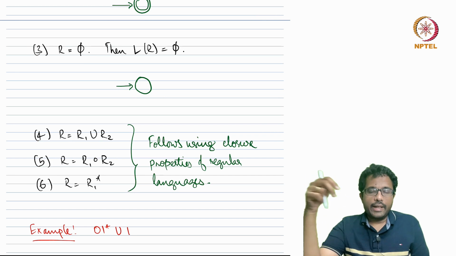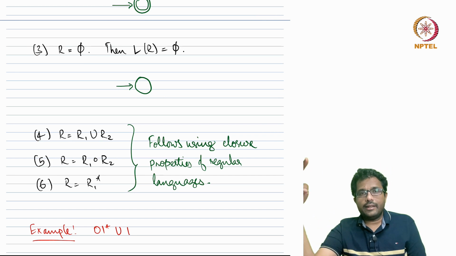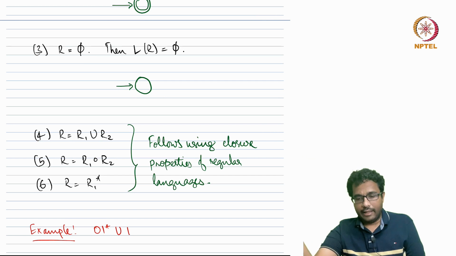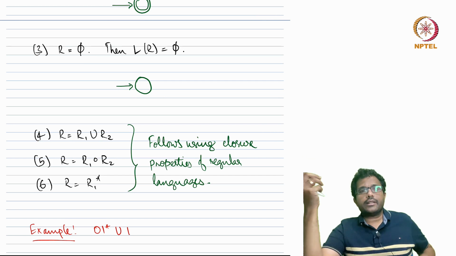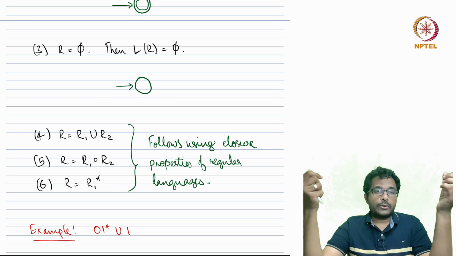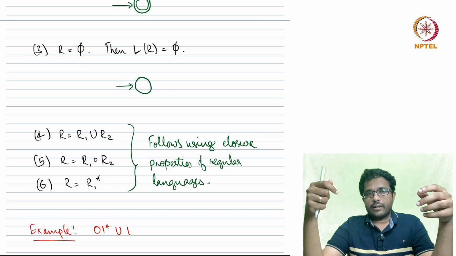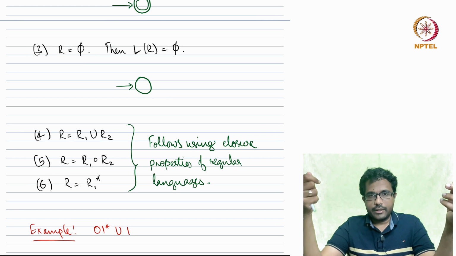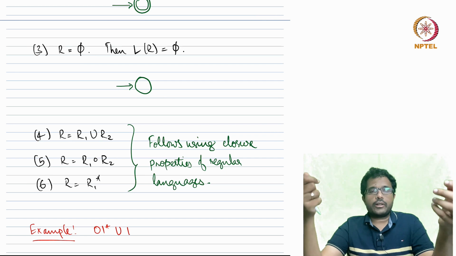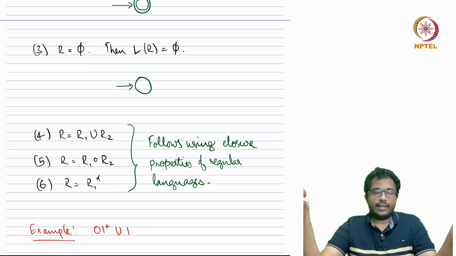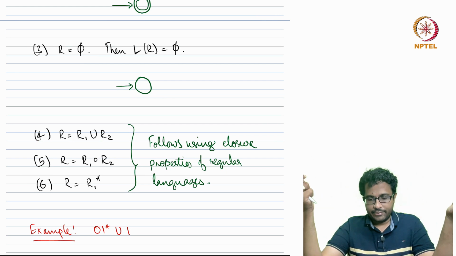By induction we can assume that R1 is a regular language and R2 is a regular language. Since regular languages are closed under union, it follows that R1 union R2 is also regular. Similarly for concatenation, if R1 is regular and R2 is regular, then the concatenation is also regular. We have already seen that in the previous lectures.